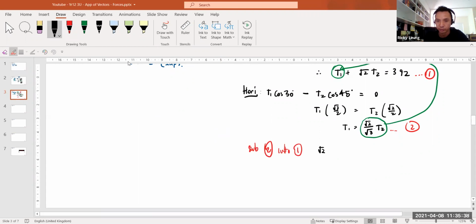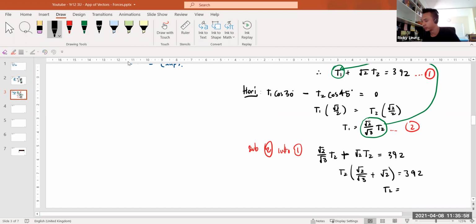Root 2 on root 3 T2 plus root 2 T2 equals 392. Factorize the two T2s out: root 2 on root 3 plus root 2, then divide it over and punch it in your calculator. If you did that, you get 175.7 newtons.